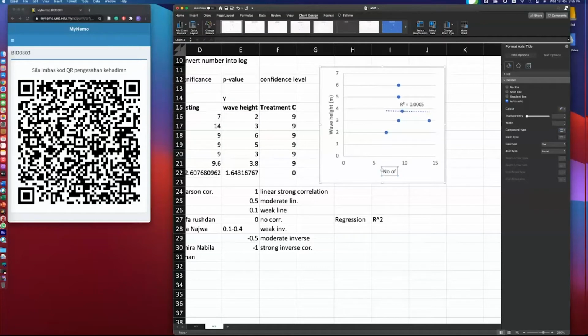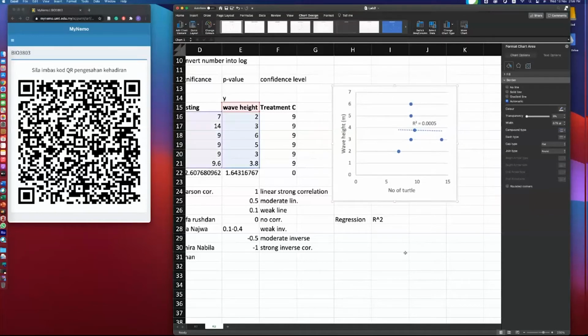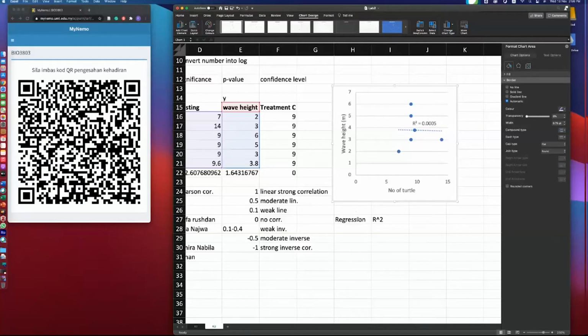Number of system. Okay, for example. Different from Pearson correlation, the minimum value, the lowest value is negative 1, while the highest is 1, while no association is 0.